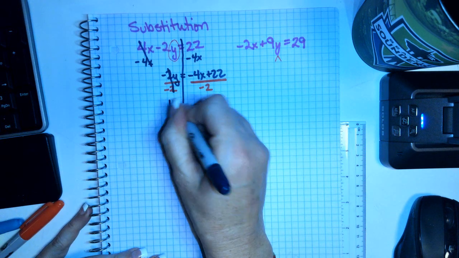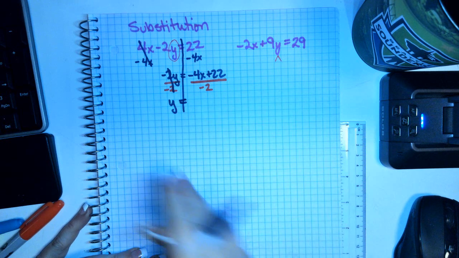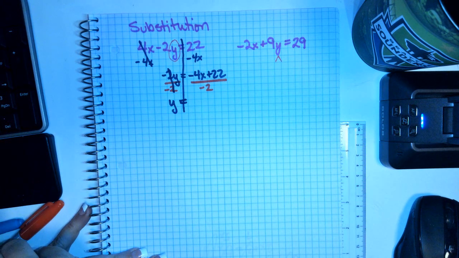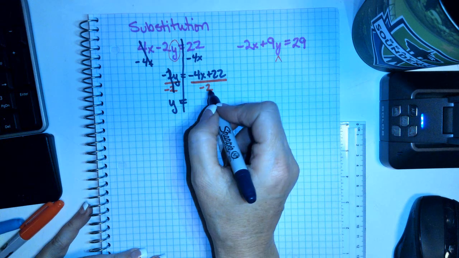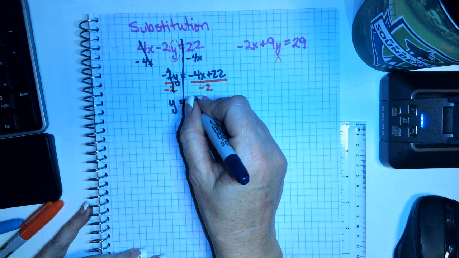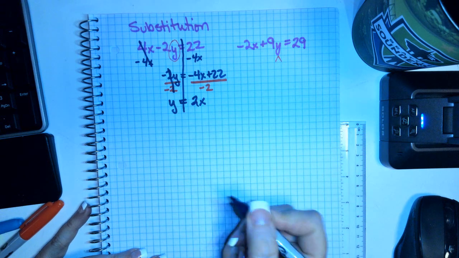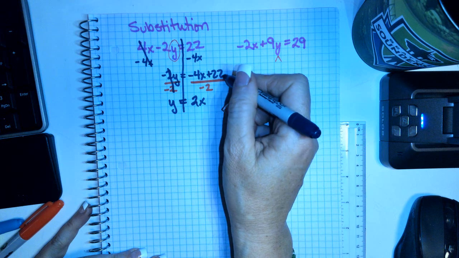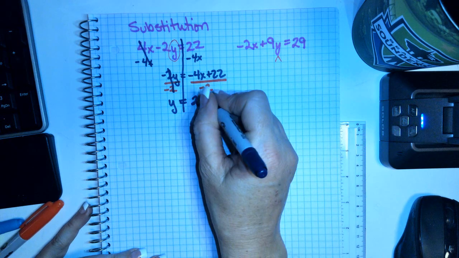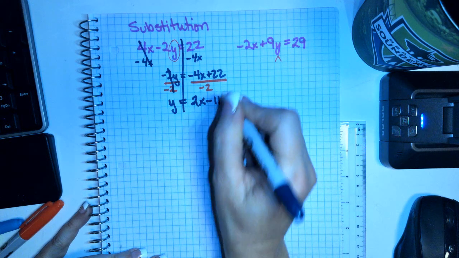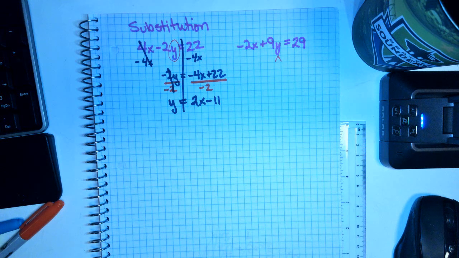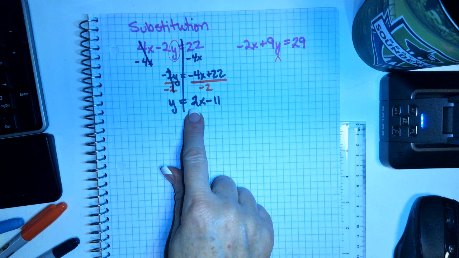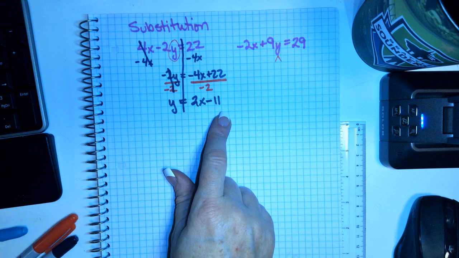So on this side I just have y, which is good because that's what we wanted. -4 divided by -2 is positive 2x, and 22 divided by -2 is -11. So now my y value is 2x minus 11.